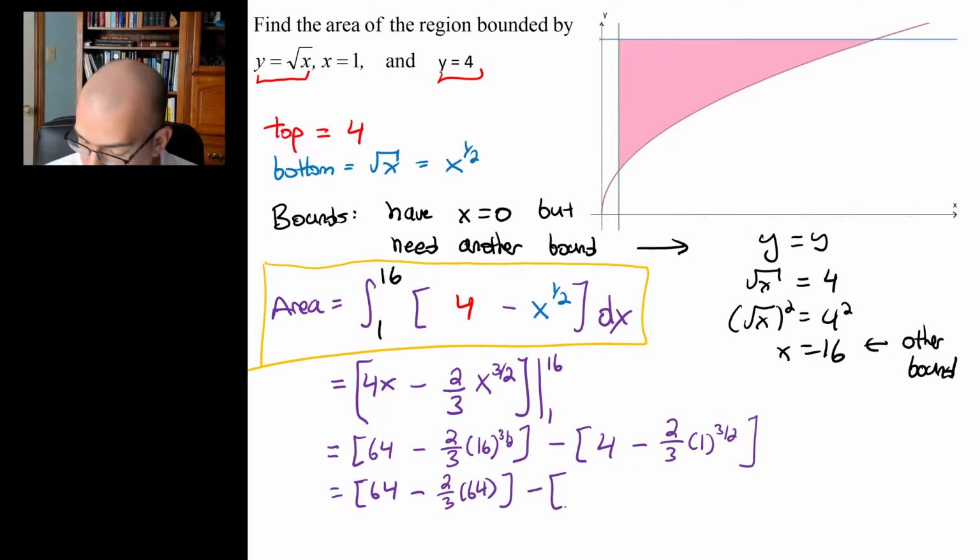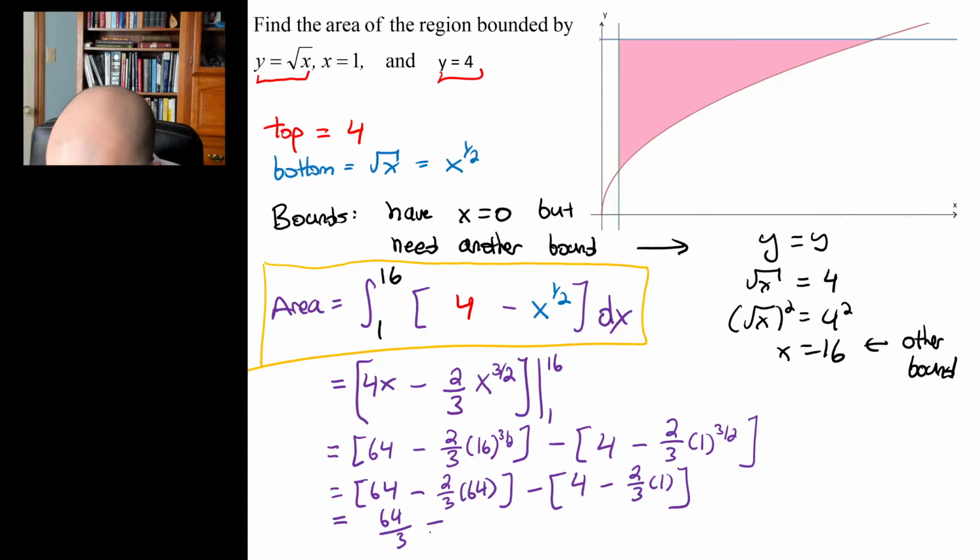And for the second piece, I have 4 minus 2/3 times 1. We have 1 of 64 minus 2/3 of 64, which is 1/3 of 64. And then we have minus, and make common denominators here, minus 12 over 3, plus 2 over 3, negative, negative, plus, and then add all the tops together.